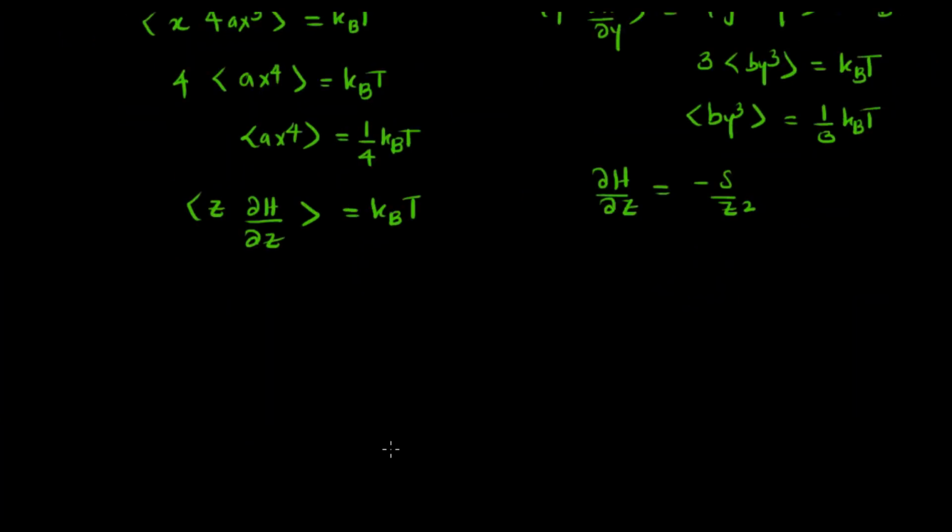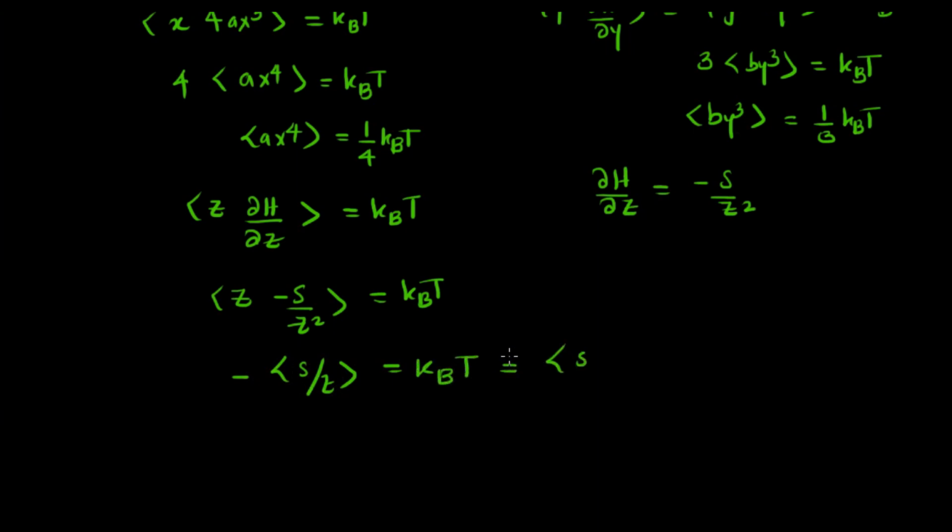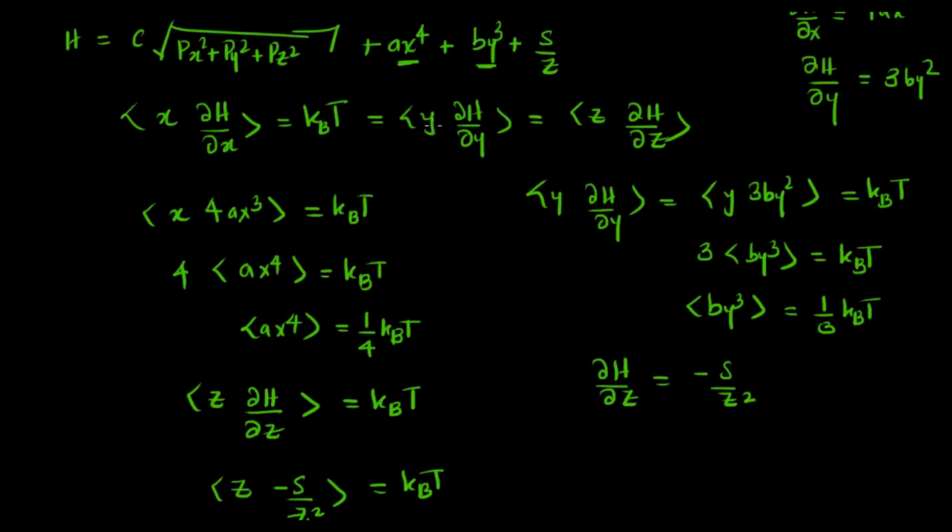If you substitute it here, you get z times minus s by z squared equal to k_B T, and this is minus s by z. So the average of s by z will be minus k_B T. We have gotten the values for a x to the 4, b y cubed and s by z.